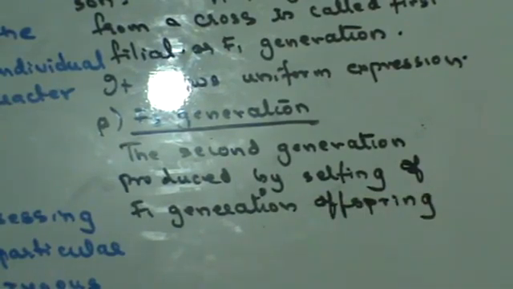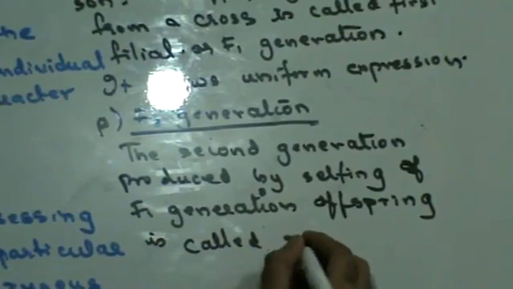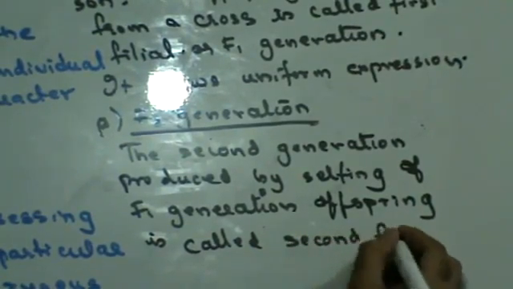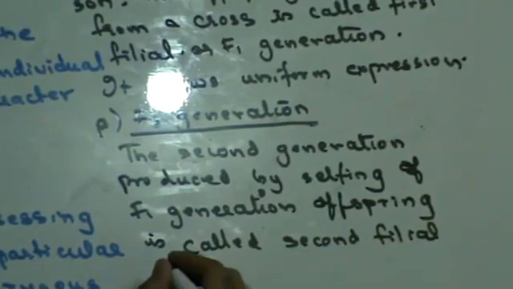That means if I combine two F1 generation offspring, what I get is called second filial or F2 generation.